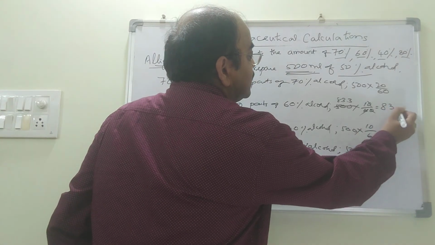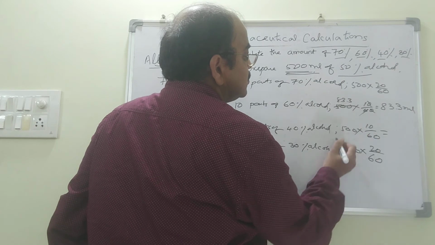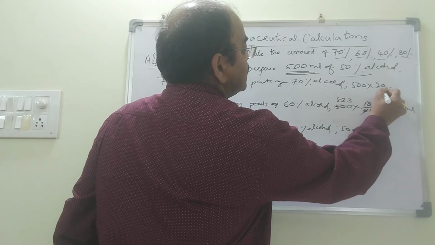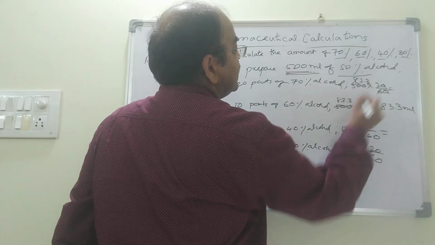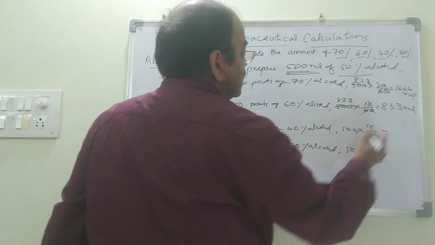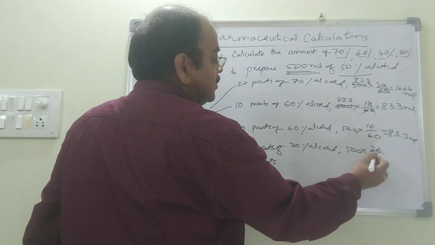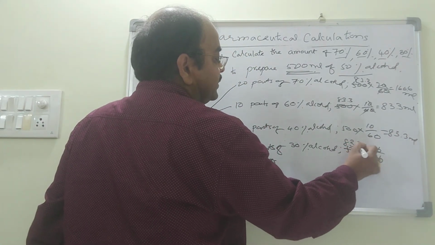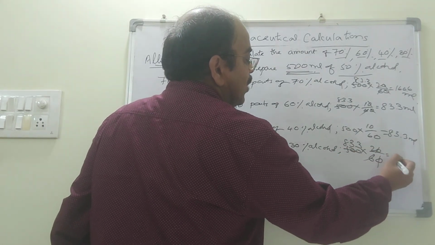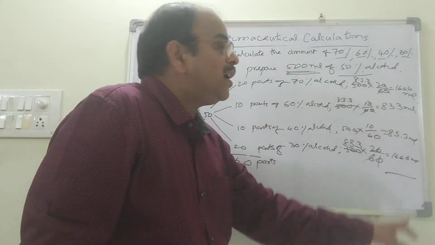83.3 ml here, one more here, 83.3 into 2, 166.6. Here also 83.3 ml. Here 83.3. Okay, 83.3 into 2, 166.6 ml. We'll sum up all these things.